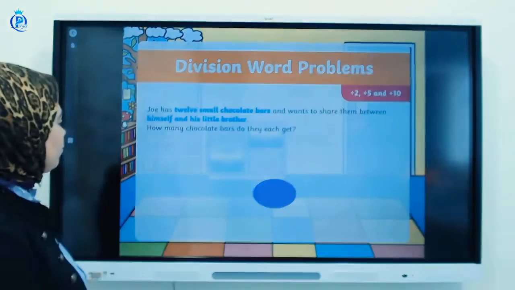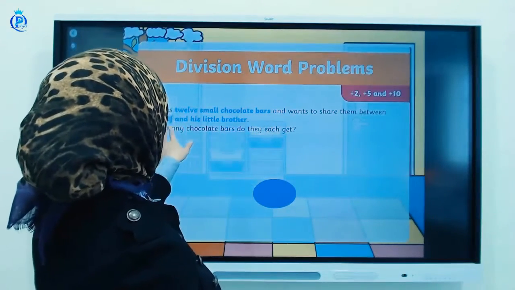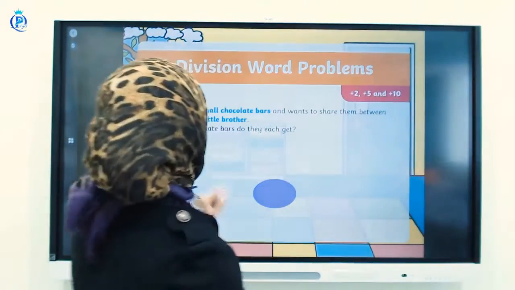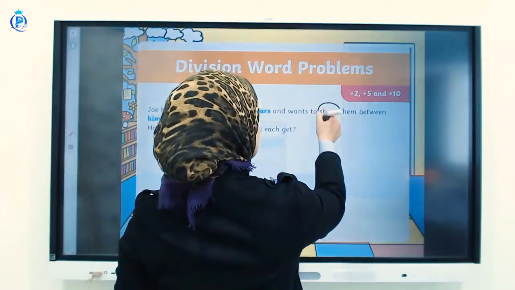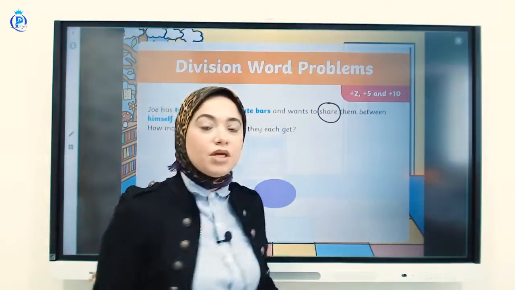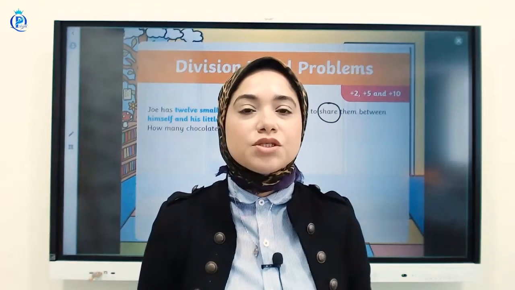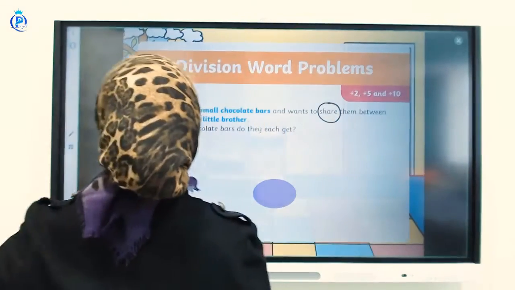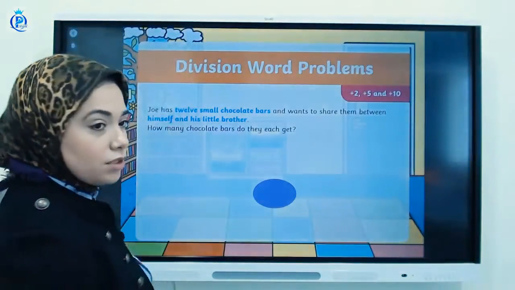Look at this. Joe has 12 small chocolate bars and wants to share them between himself and his little brother. Share. He told me share. What does share mean? Share means, of course, division.